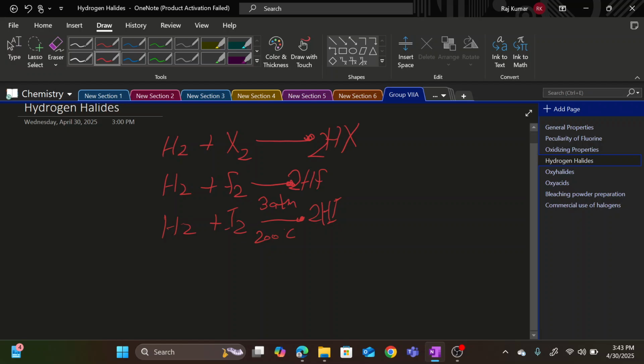For example, if you just take the example of hydrogen fluoride, it is a very strongly bonded acid, and it is a very stable acid, not a reactive acid, because the most reactive one is hydrogen iodide.